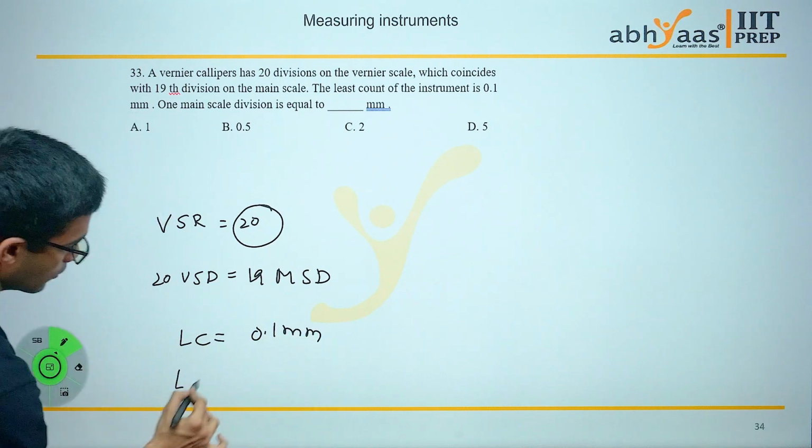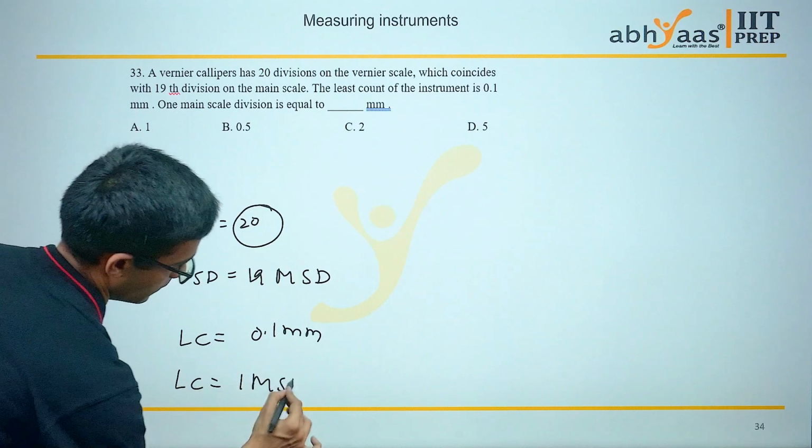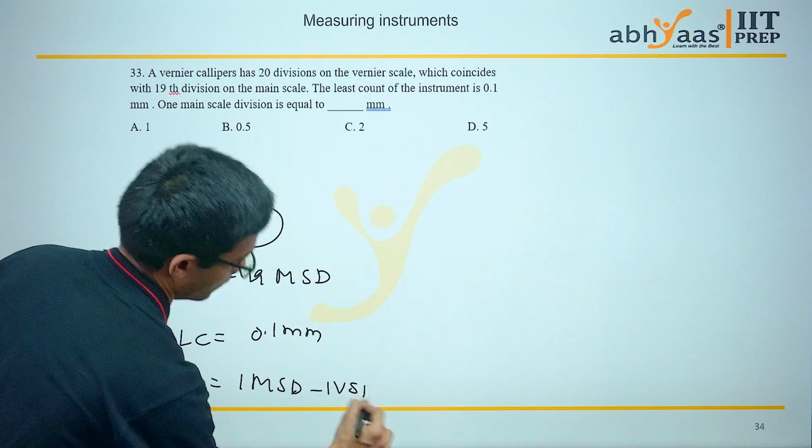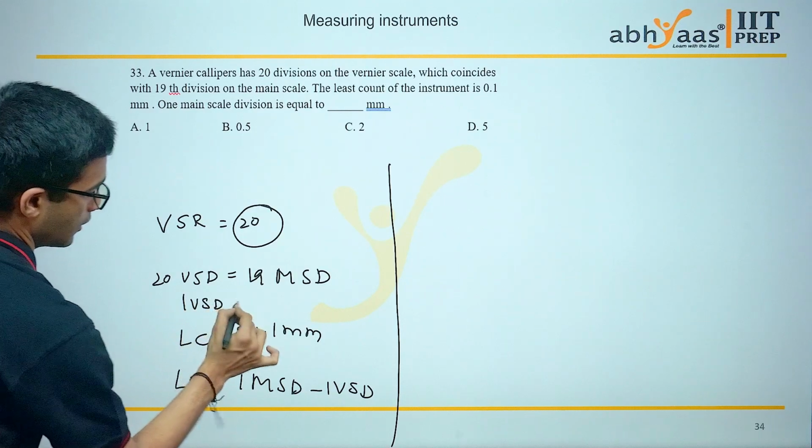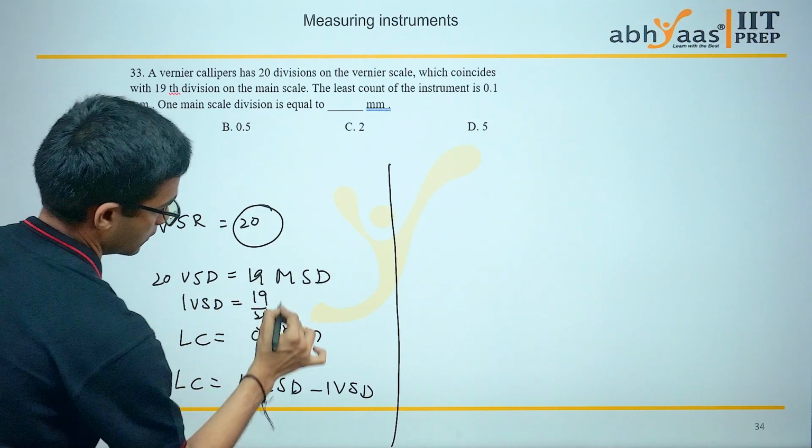So what is the least count? Least count is equal to 1 MSD minus 1 VSD. So here if you observe, 1 VSD is equal to 19 by 20 MSD.